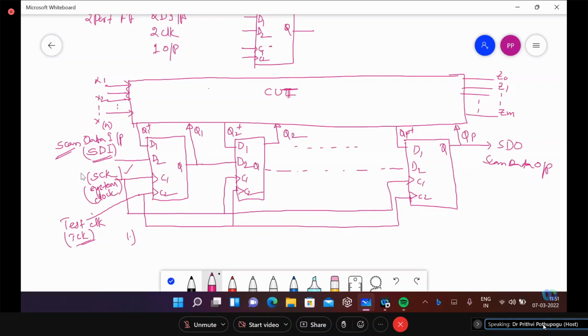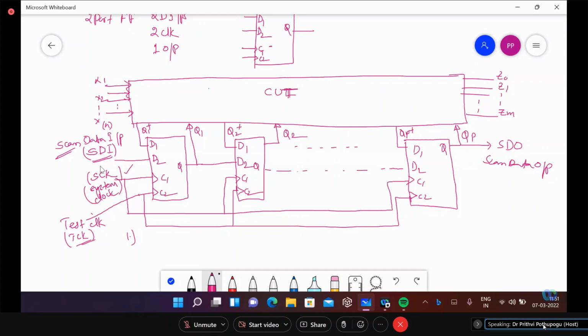You can overlap this procedure of testing and scanning. If you give the first set of scan data in with the test clock, by that time your system updation will be happening for new values of Q. That means when you are applying this system clock, in parallel you can apply the test clock for updating the new value on SDI, in order to cut down some time.